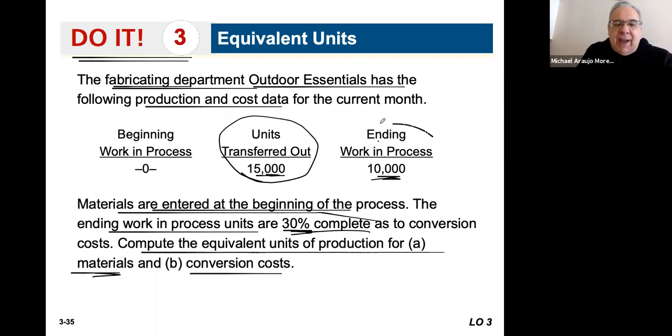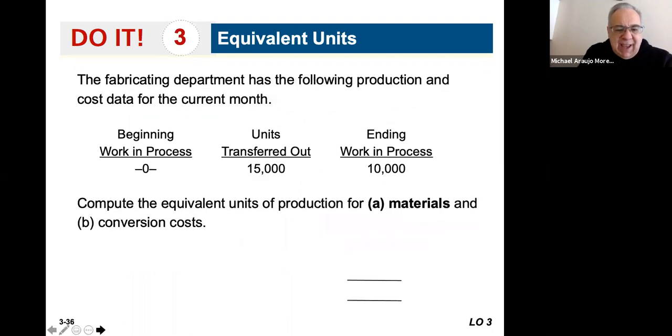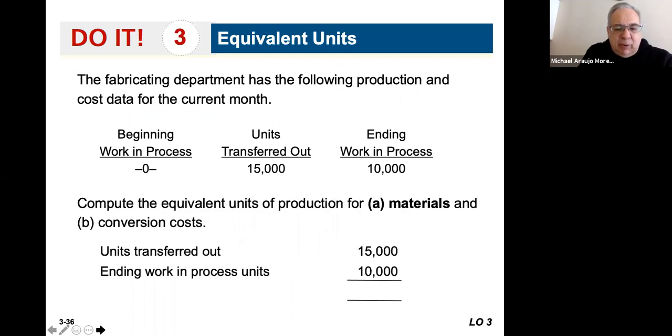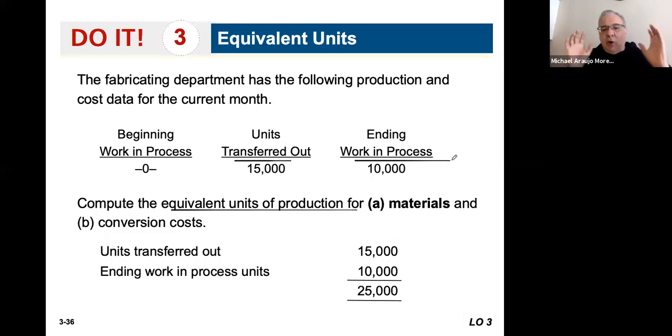And of the 10,000 that are being worked on, the materials were the first things that happened, so all of the materials are there. So for part A, it's very simple: the equivalent units of production are all the units transferred out plus the ones in ending work in process, because all the materials are included in those. That's not true for conversion costs.